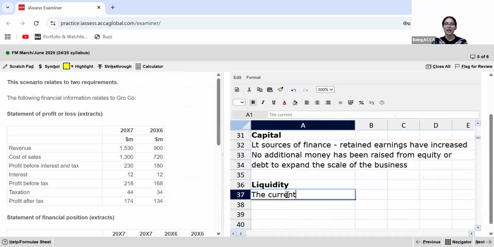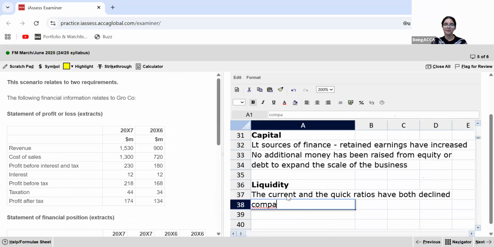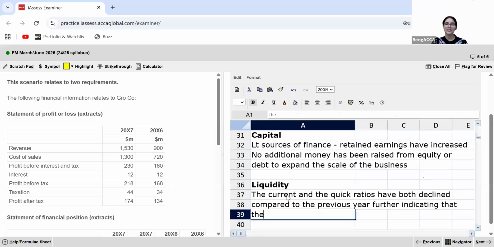The current and the quick ratios have both declined compared to the previous year, further indicating that the business is facing liquidity strains, that they are not able to meet their payments on time.